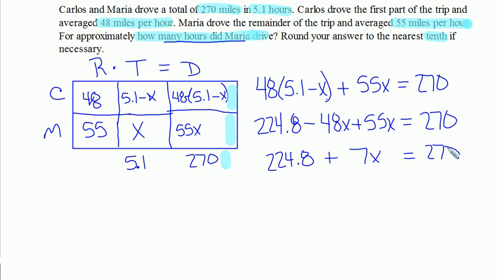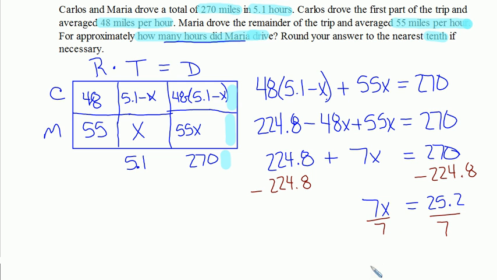I need to start getting that x term by itself, so let's subtract the 224.8 from both sides. The result here is 7x equals, let's see, 270 minus 224.8 is 25.2. And we'll go ahead and divide both sides by 7 to get x by itself.